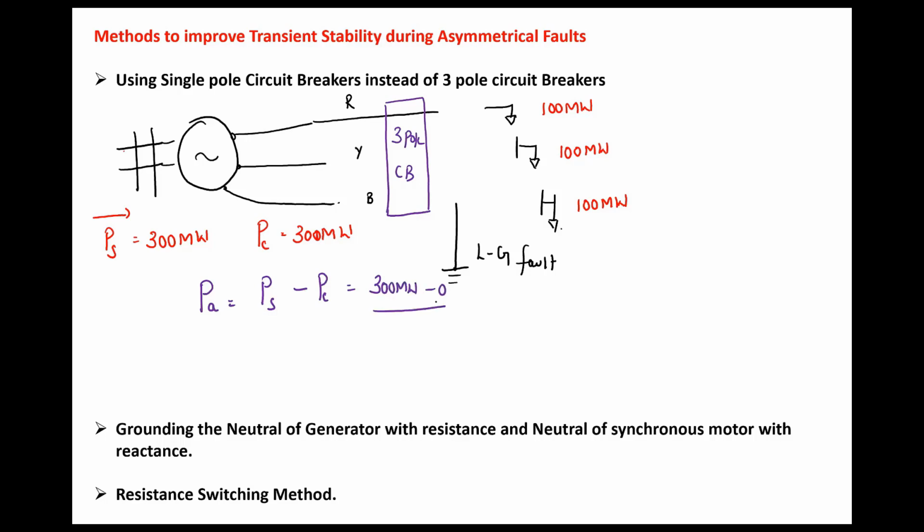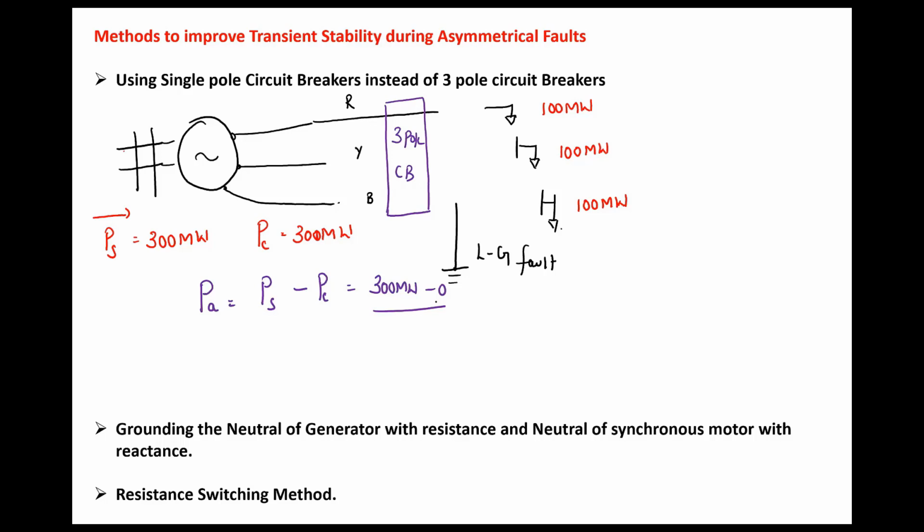That means 300 megawatt of total shaft power is trying to accelerate the rotor. So what will happen? Definitely, there is a maximum chance the machine will lose stability. That means the machine will become asynchronous. Understand?